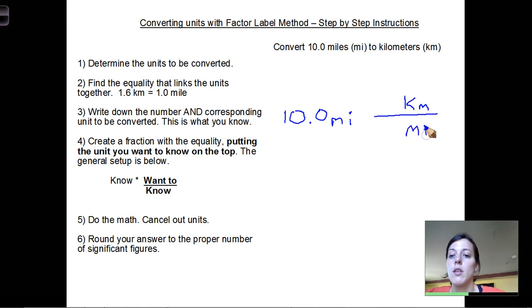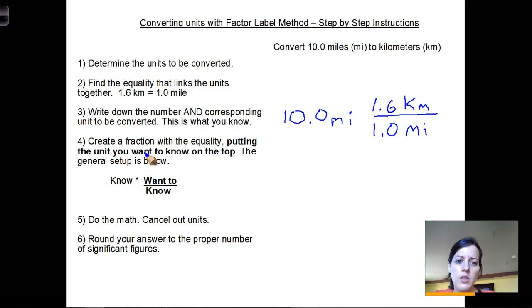With the equality, it always gets made into a fraction, and you can either have 1.6 kilometers on top of 1.0 miles, or you can flip it and you can have 1.0 miles on top of 1.6 kilometers. And this is the key to the factor label method, is setting up this fraction properly.